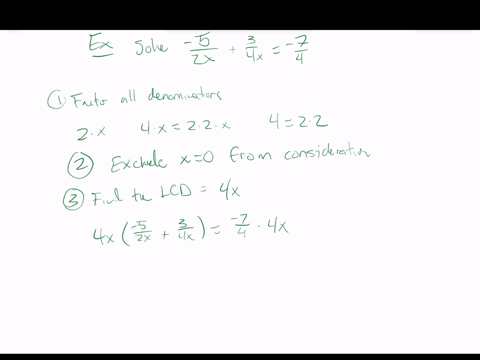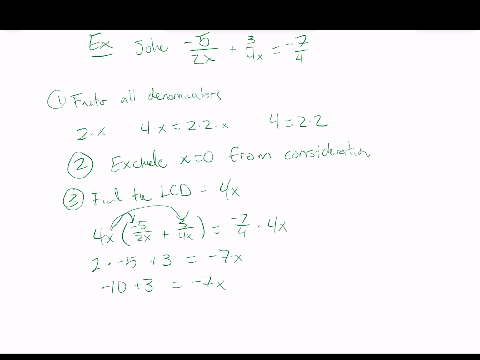Okay, so we'll first distribute the 4x to both terms. So we get 4x over 2x, which is 2 times negative 5. 4x times 3 over 4x gives us just a positive 3, is equal to, the 4's cancel here, and we get negative 7x. On the left-hand side, we have 2 times negative 5 plus 3 is equal to negative 7x.